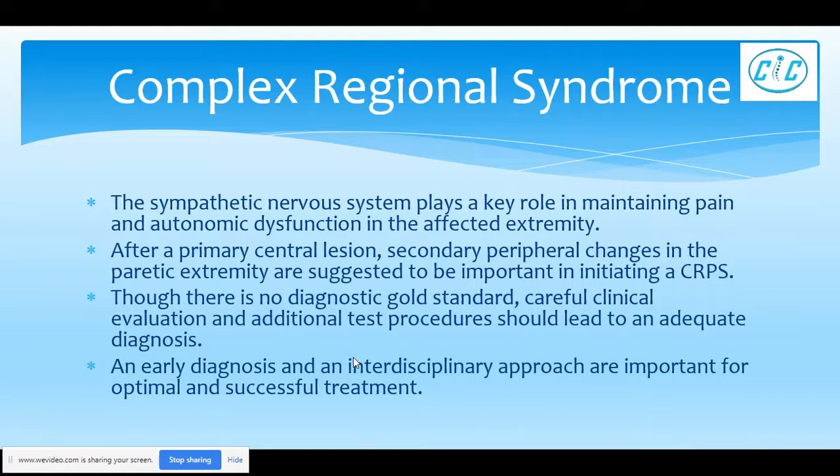So the patient becomes misdiagnosed. The earlier the diagnosis is done correctly, the better the outcome of the treatment, because chronic CRPS cases are more difficult to treat than those detected at an earlier stage of formation.